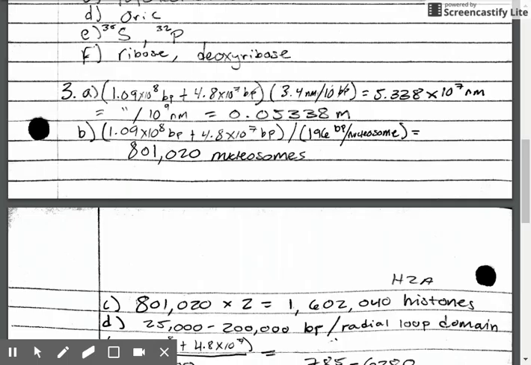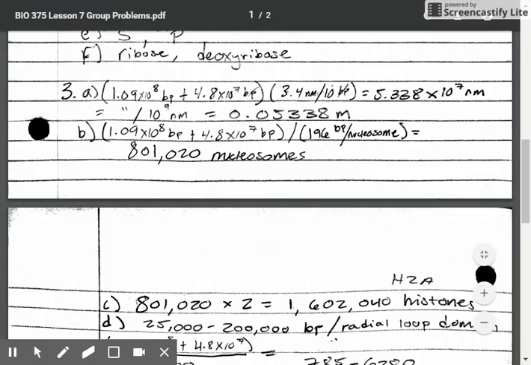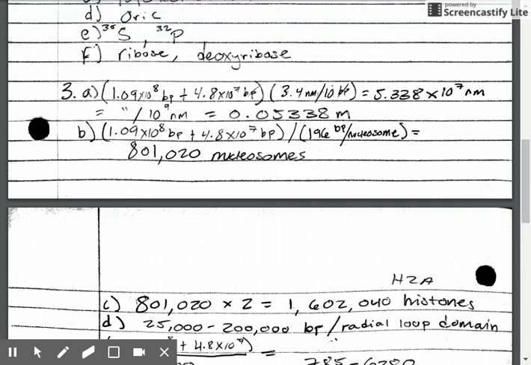Question B asking how many nucleosomes are found within this translocation chromosome, assuming that the average length of the linker DNA is 50 base pairs. We know that, as we talked about in the previous problem, the nucleosome contains 146 to 147 base pairs of DNA.